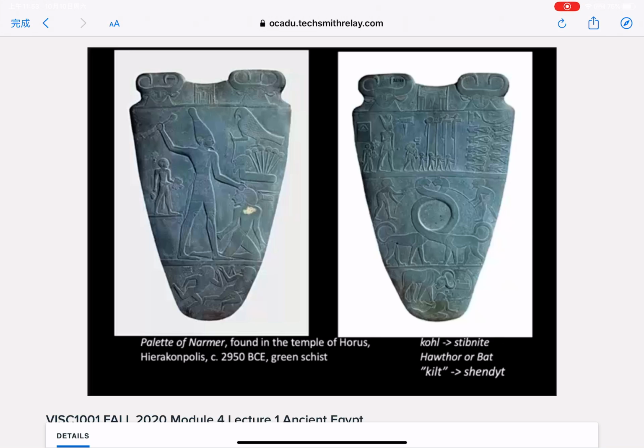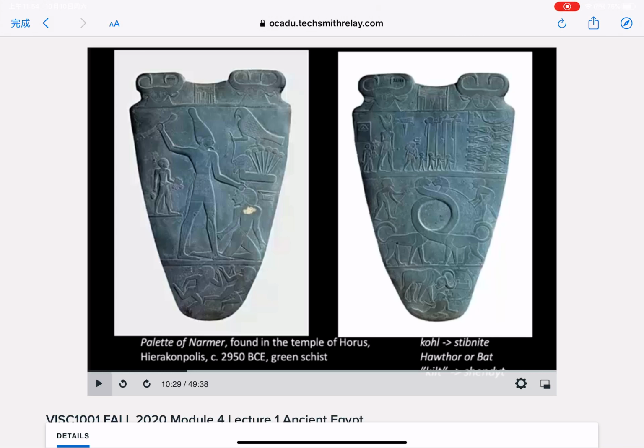I'm not sure if your textbook uses this term, but it may describe Narmer as a king from the pre-dynastic period. And the pre-dynastic period simply means before the pharaohs were established, like the earliest history of Egypt, because not only is Narmer recognized as the unifier, he is also considered to be the first pharaoh of Egypt.